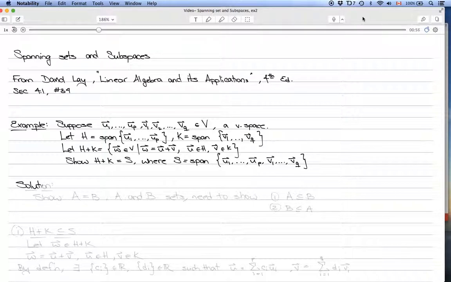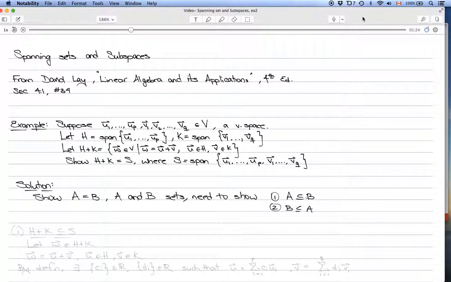So what I mean by that is, if we want to show A is equal to B, where A and B are sets, we need to show that two things happen. A is a subset of B, and B is a subset of A.